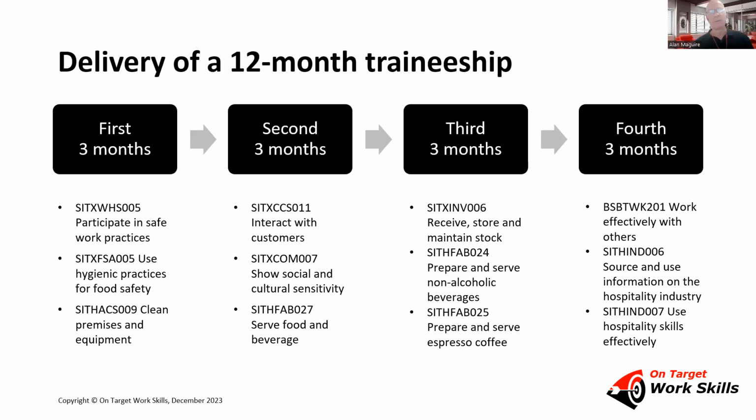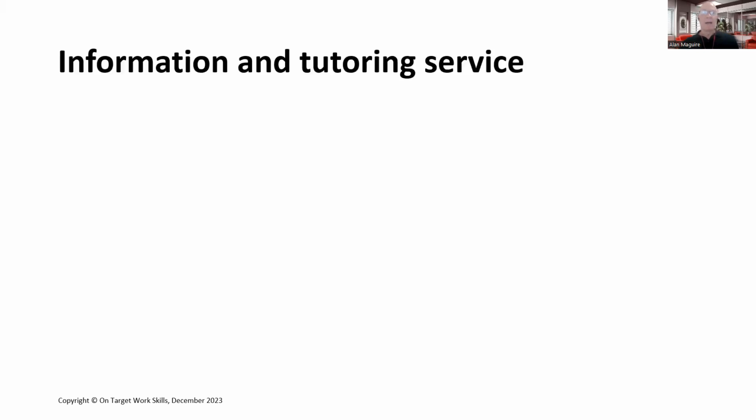So what I'm showing on the screen now is a 12-month program, with the first, second, third, and fourth 3-month periods, and the units which we could focus on during the delivery of the qualification. That completes the demonstration on how to cluster and sequence units within a qualification.